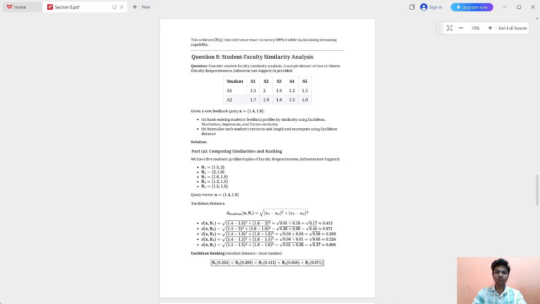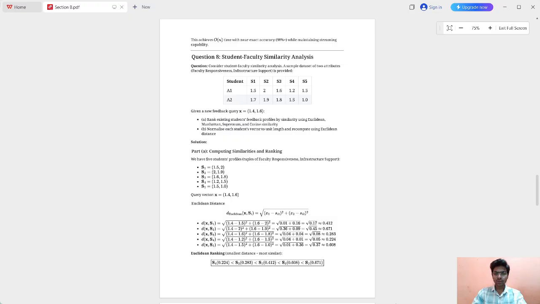S3 equals (1.6, 1.8), and S4 equals (1.2, 1.5), and the last one is S5 equals (1.5, 1.0). Query vector x equals (1.4, 1.6). Now applying Euclidean distance.